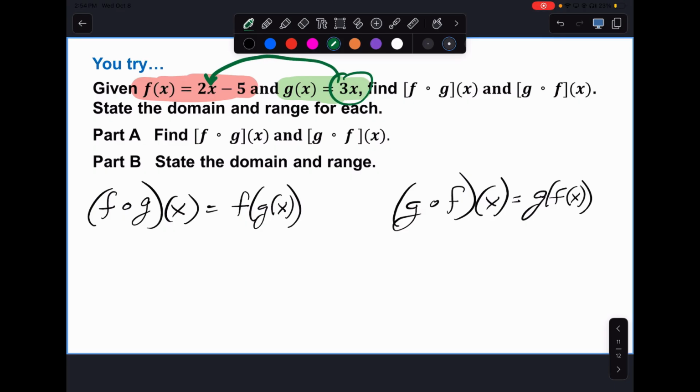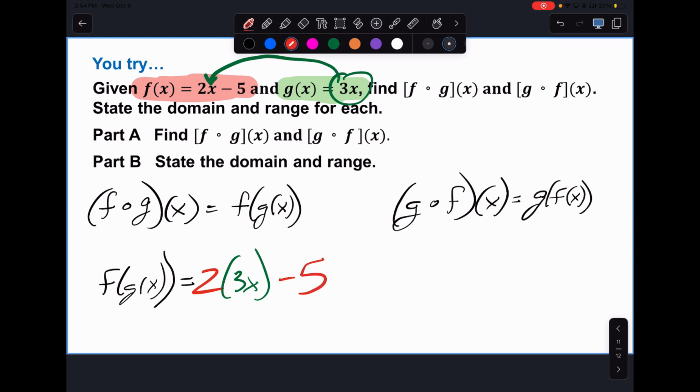So f of g of x is equal to 2, and now I've got to plug in my 3x instead of my x, and then minus 5. Now I'm just doing 2 times 3x. So that gives me 6x minus 5. So f of g of x equals that.